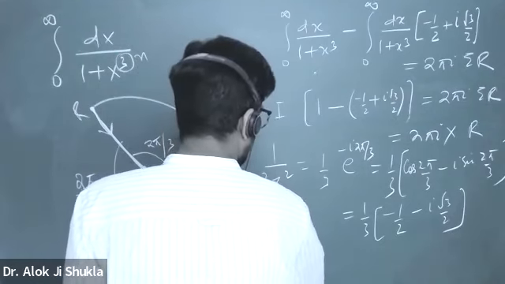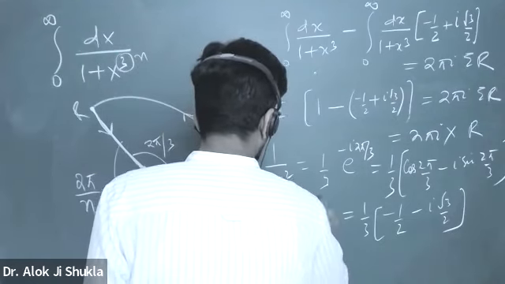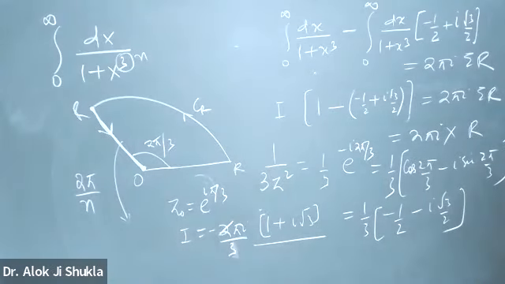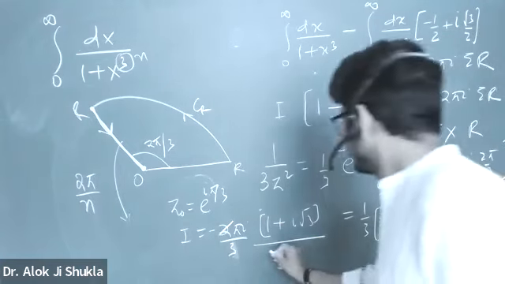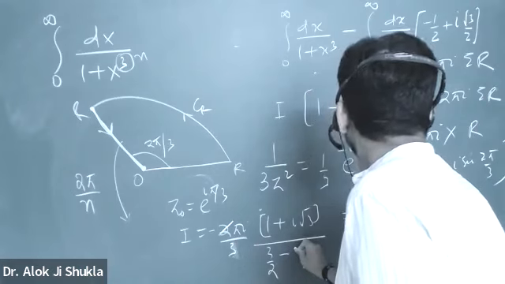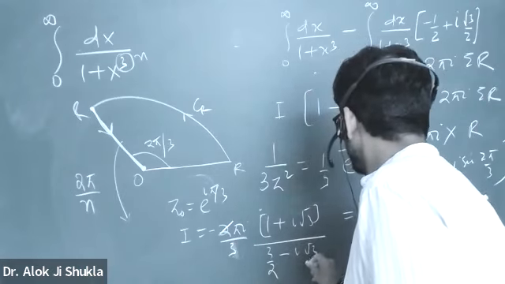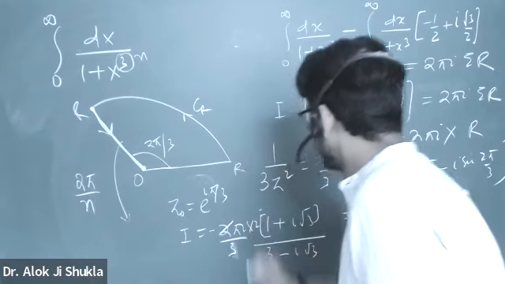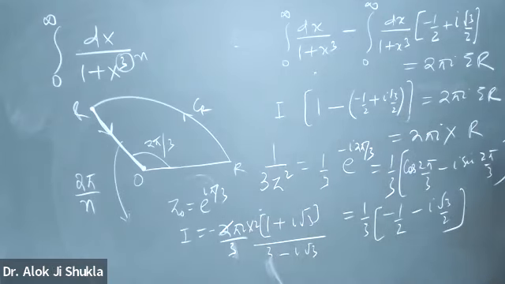Minus also common, it will become 1 plus I root 3 upon, from this side, what we are getting? 3 by 2 minus I root 3 by 2. Okay? बस, Okay, sir. इसको rationalize कर लो.